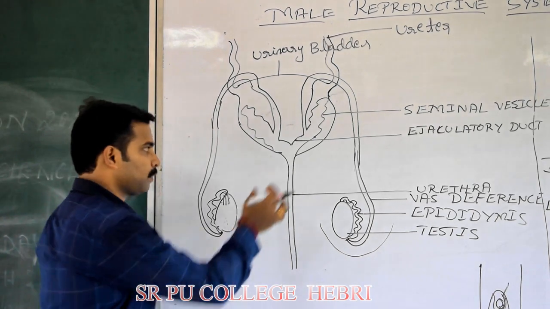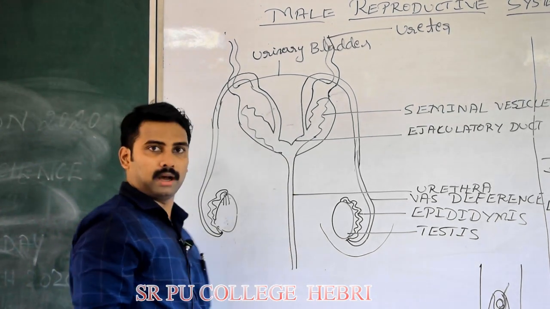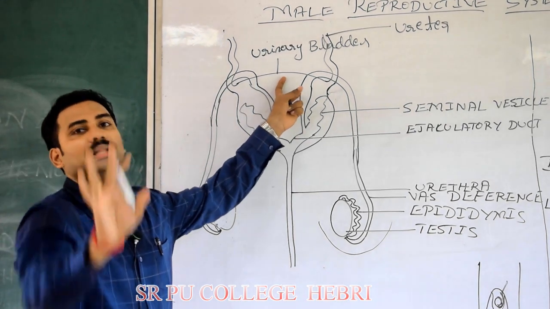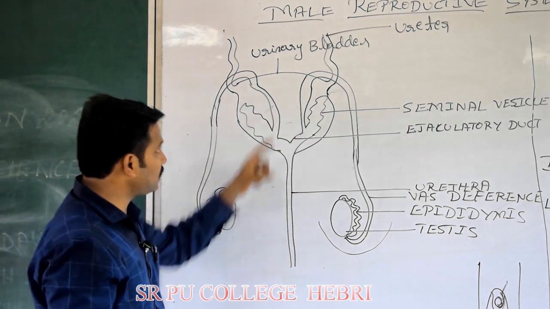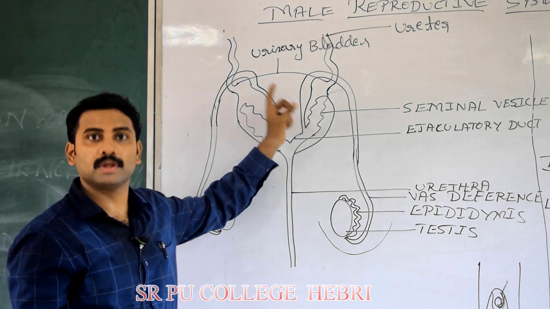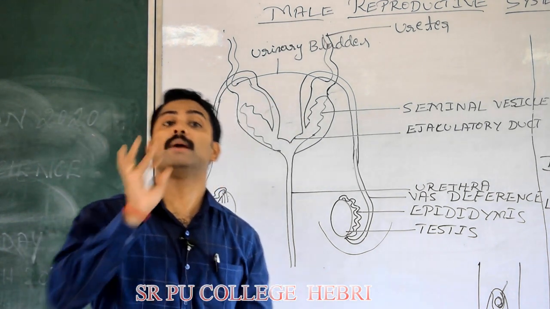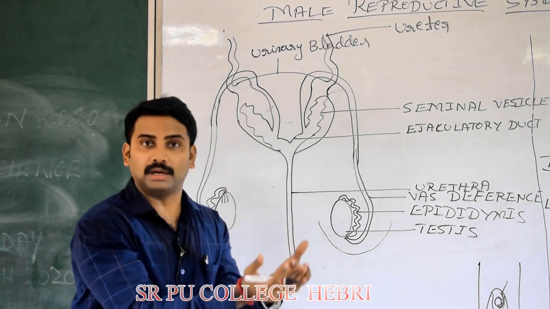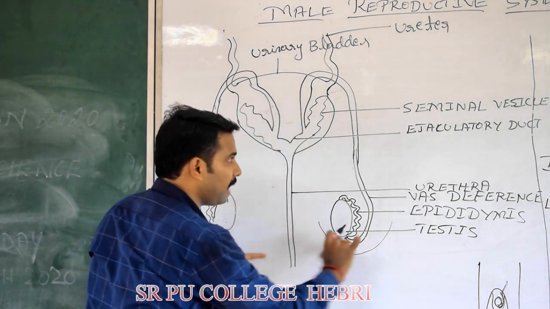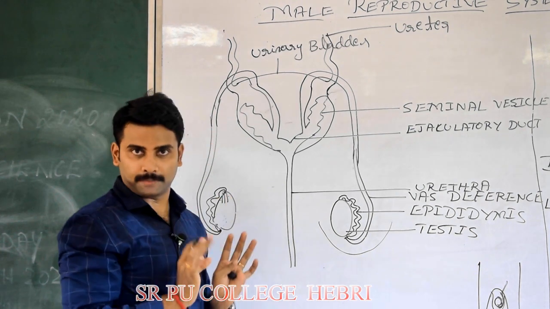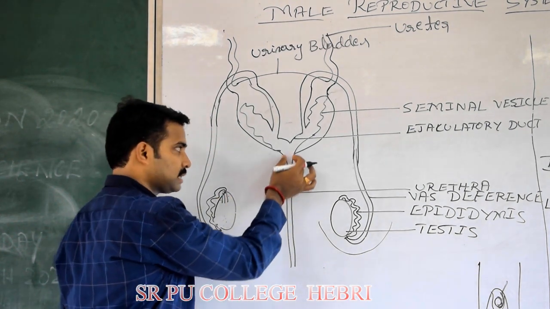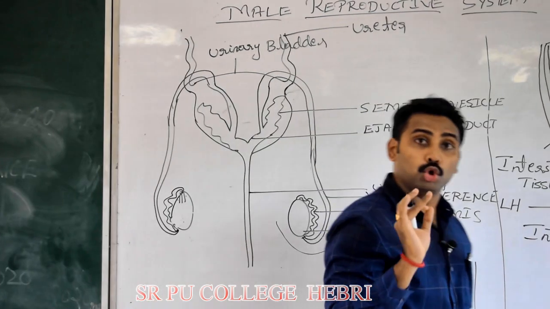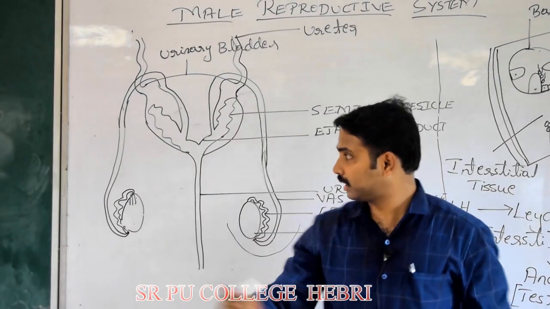Yes. Now, if you observe this urethra, which system is it a part of? Actually urinary system, right? Urethra is a part of the urinary system, but only in the males urethra has become the common part for urinary system and reproductive system. I repeat, in males urethra is the common passage for urinary system and reproductive system.